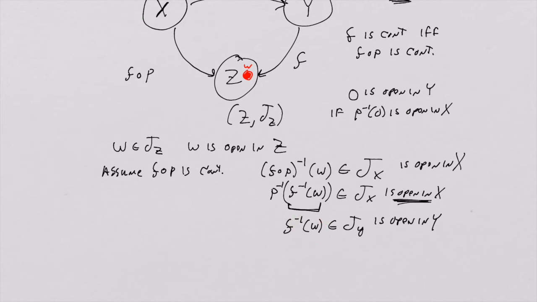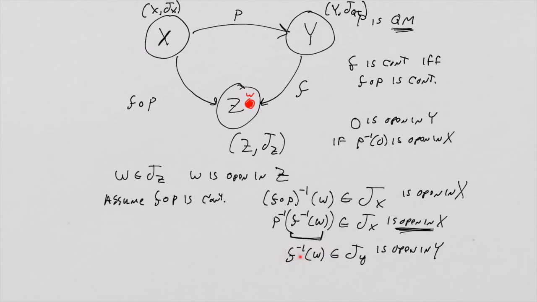Now, remember, W is an arbitrary open set in Z, right? But now I know that the preimage of an arbitrary open set in Z is an open set in Y, right? And that's true for the arbitrary, so that means that f is continuous, right?